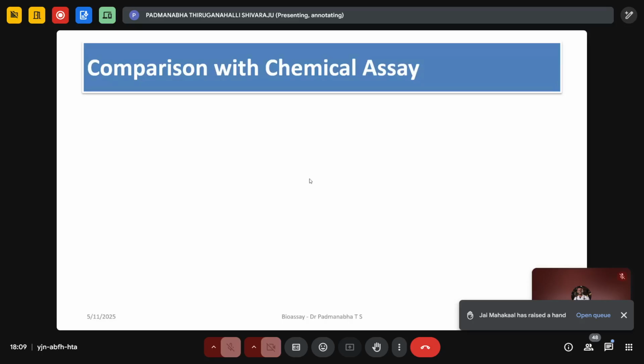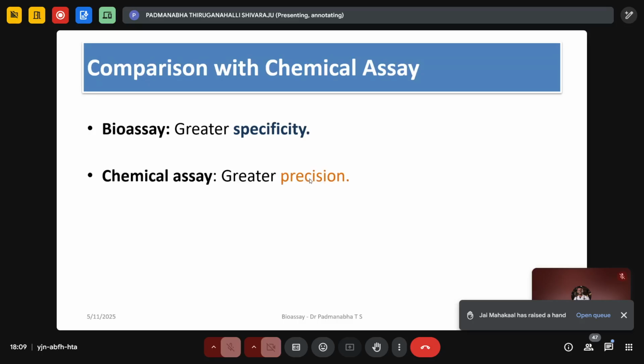When we compare with the chemical assay, usually the chemical assay is easier to standardize when compared to the bioassay. Bioassay gives a greater specificity, as we discussed in the earlier slide, whereas the chemical assay gives the greater precision. If we take an example, when we expose any living tissue or living thing to any of the antibiotics, what we are going to see is whether the growth is inhibited in the tissue or not when we expose it to the antibiotic.